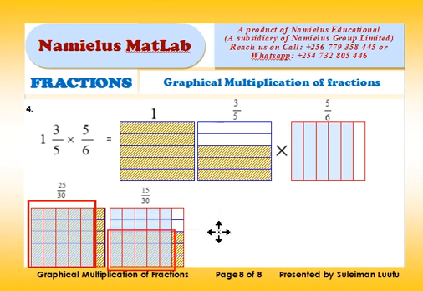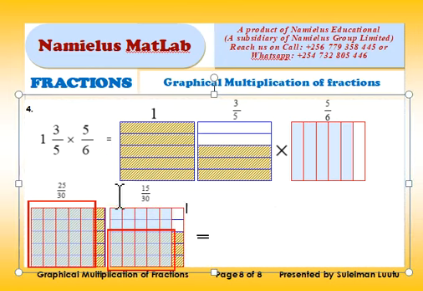We are now going to add, because the denominators are the same. If the denominators are the same, that means we just take the numerators directly and add them. If we add 25 and 15, it will give us 40.